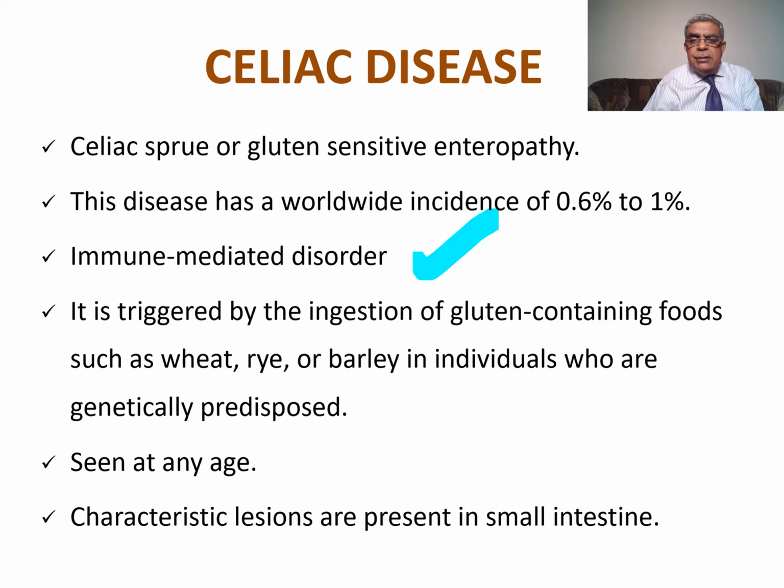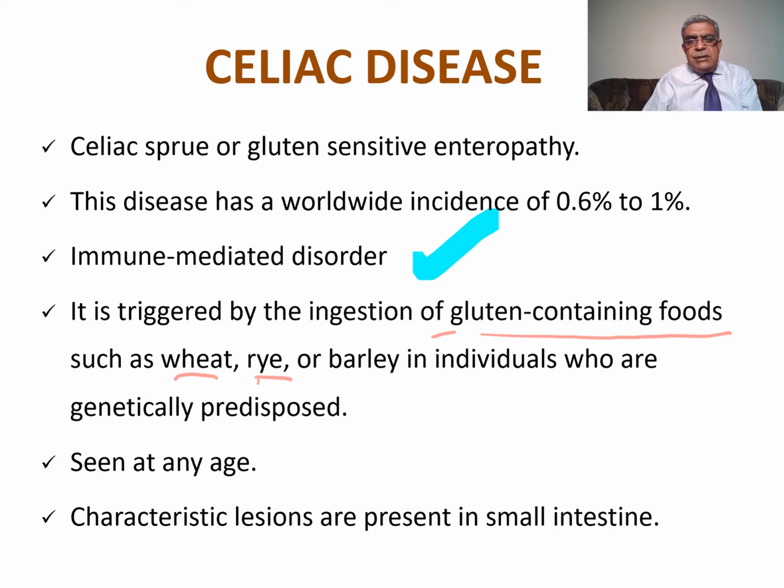It is triggered by the ingestion of gluten containing foods such as wheat, rye, oat, or barley in individuals who are genetically predisposed.